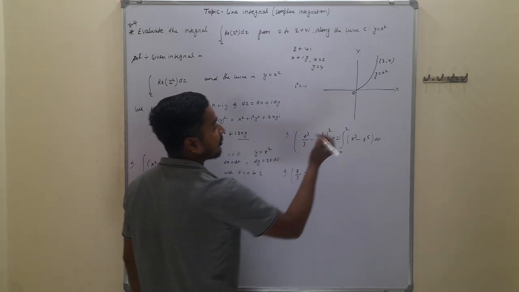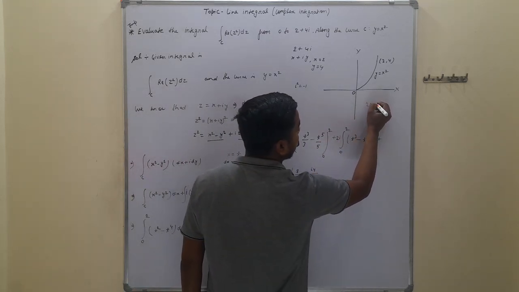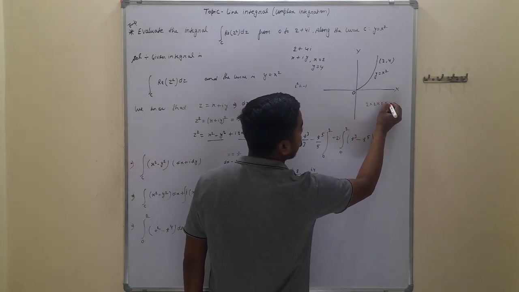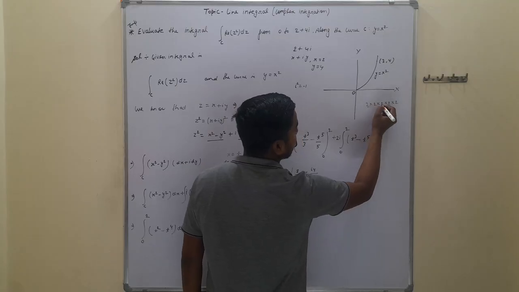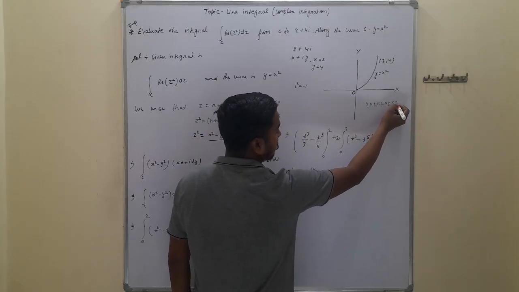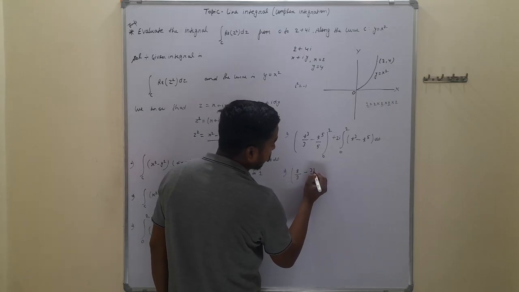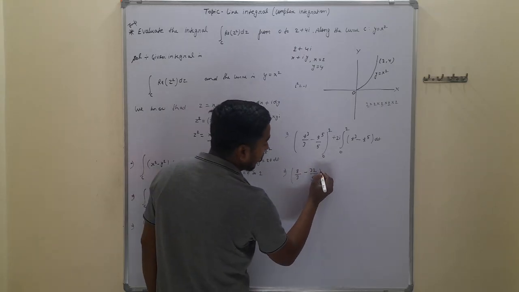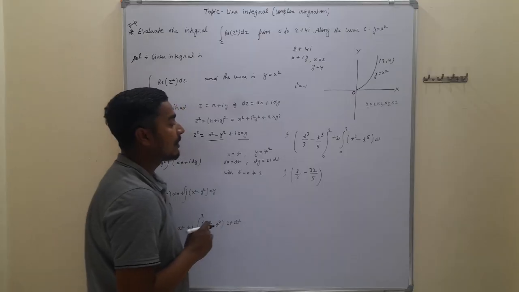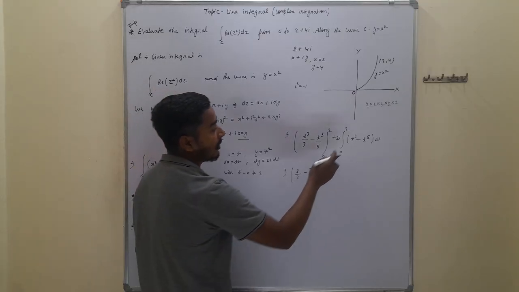Once again we calculate 2 to the power 5: 2 into 2 is 4, 4 into 2 is 8, 8 into 2 is 16, 16 into 2 is 32. It is not 64, this is 32. When we apply the lower limit we get 0.